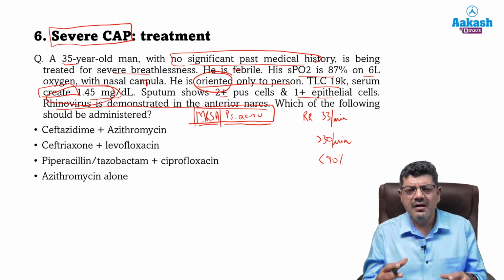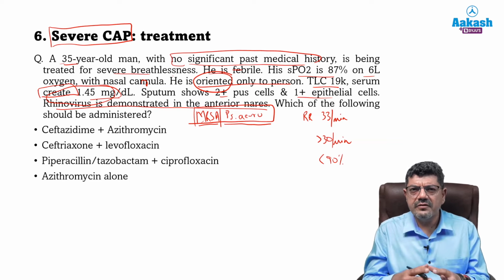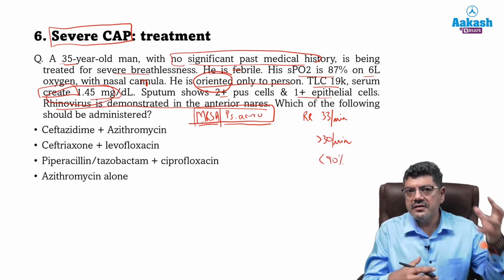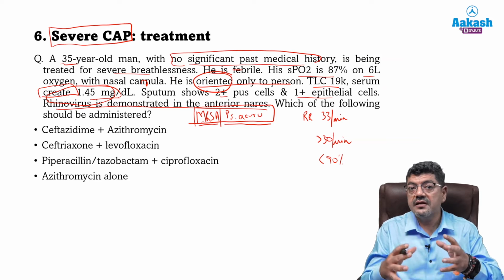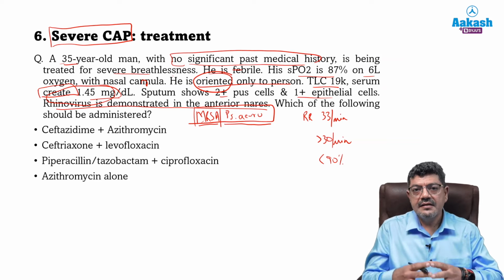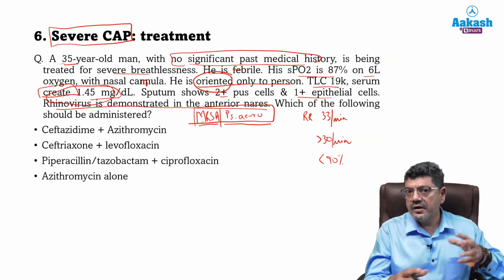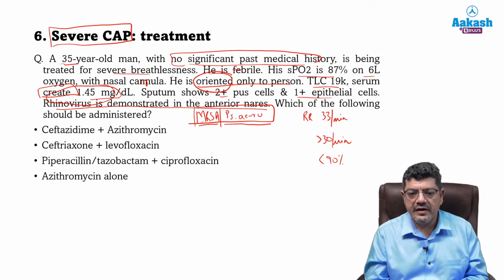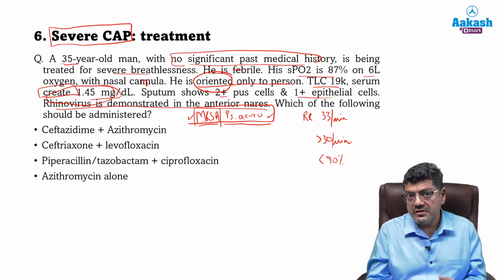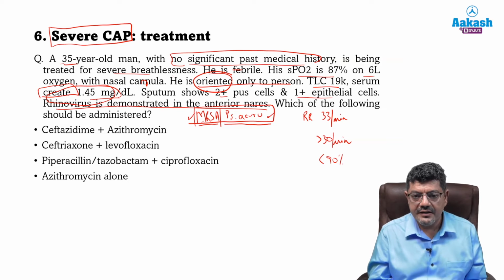If they had said this patient had been on antibiotics for a while, if they had said he had recently been hospitalized for something, if they had said he's on maintenance hemodialysis, or he's getting a wound dressed at home, then those are risk factors for MRSA or Pseudomonas aeruginosa. Now, none of those risk factors is present. How do you treat severe community acquired pneumonia of such a type?